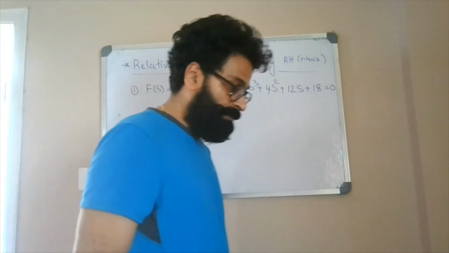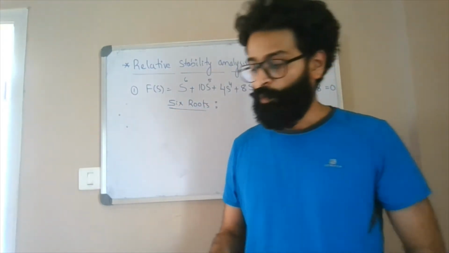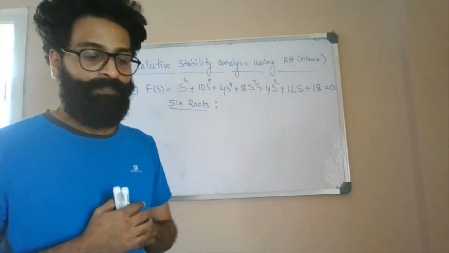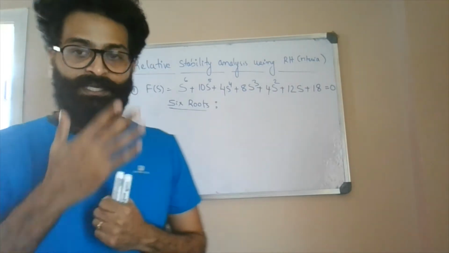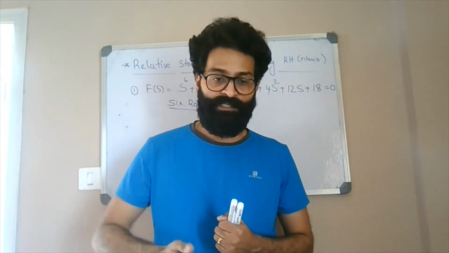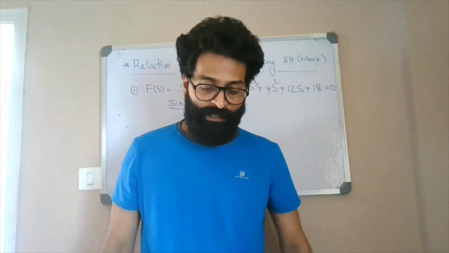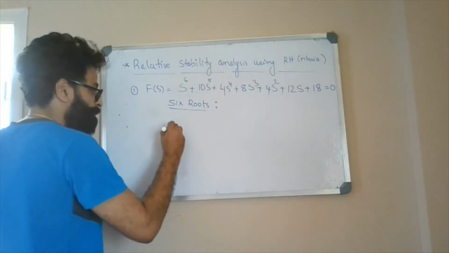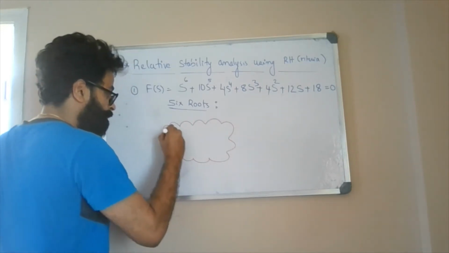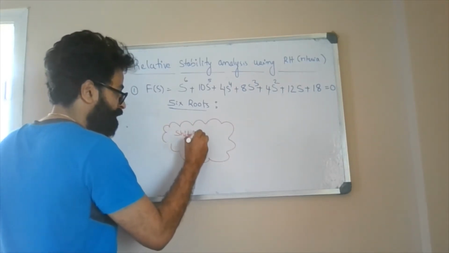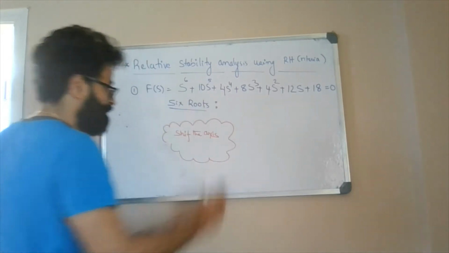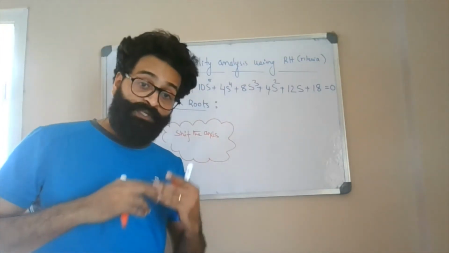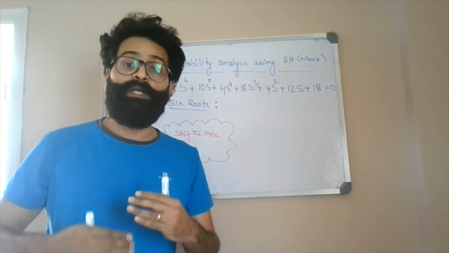Now, in relative stability analysis, what we do is we think of shifting the axis. Normally, you take the j omega axis starting from the origin, right? But in case of relative stability analysis, we shift the axis. Now, where to shift the axis? You have to shift the axis where your interest lies.